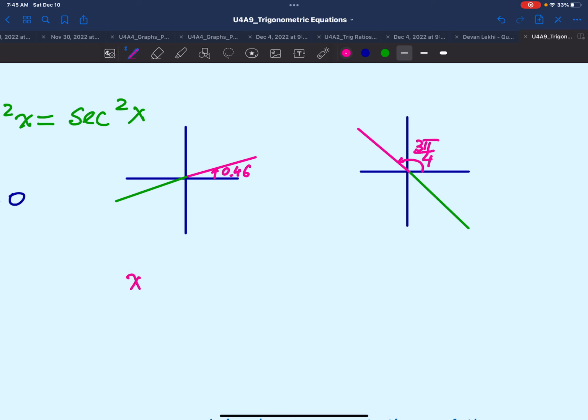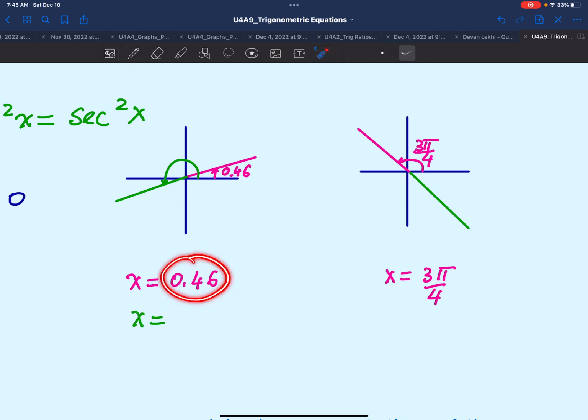So we're going to say that x equals 0.46 or x equals 3 pi over 4. And now let's read the green angle. So here we go. We have 0.46 plus pi radian. So since in this case we have rounded the answers to 2 decimal places, when you add pi radian, we'll do the same.